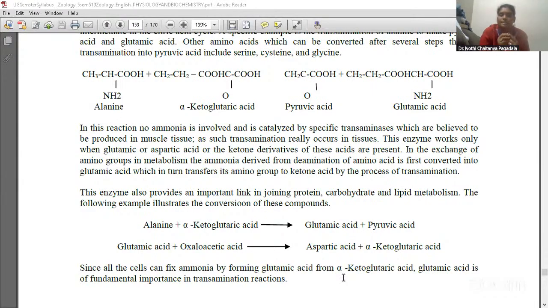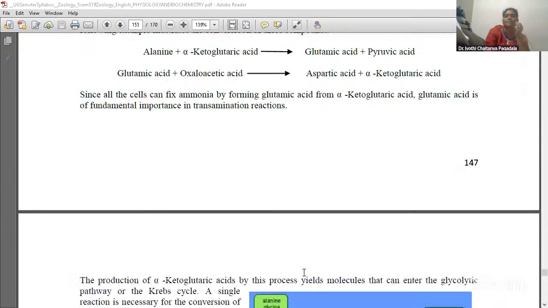Here the cells can fix ammonia by forming glutamic acid from alpha ketoglutarate. Here glutamic acid is fundamentally important in transamination reactions.